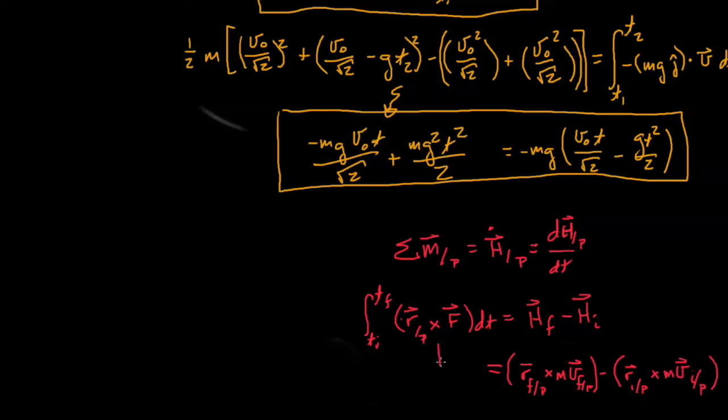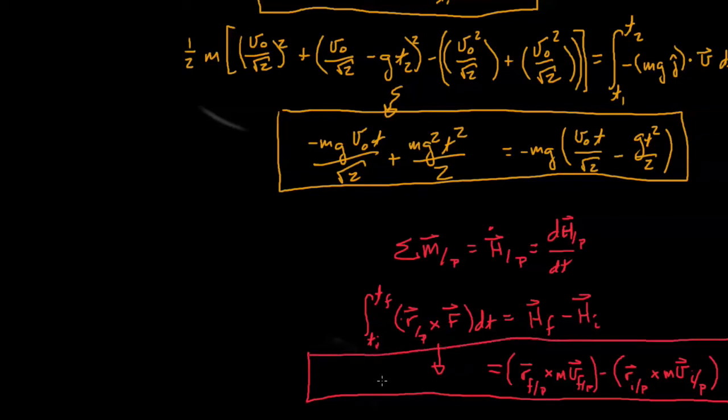The left-hand side should just come right down, and in this particular case the force that's applied is simply mg, just the force of gravity. So this is our fourth equation using conservation of angular momentum that should always be true for any position and velocity solution.